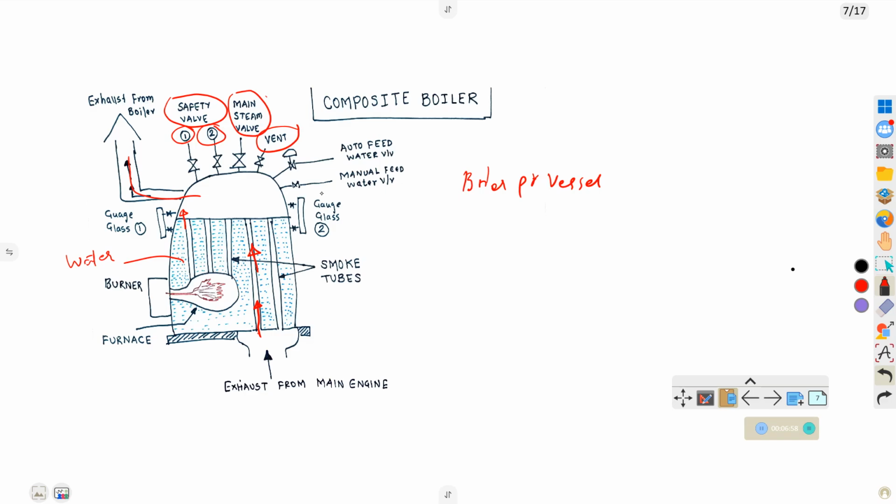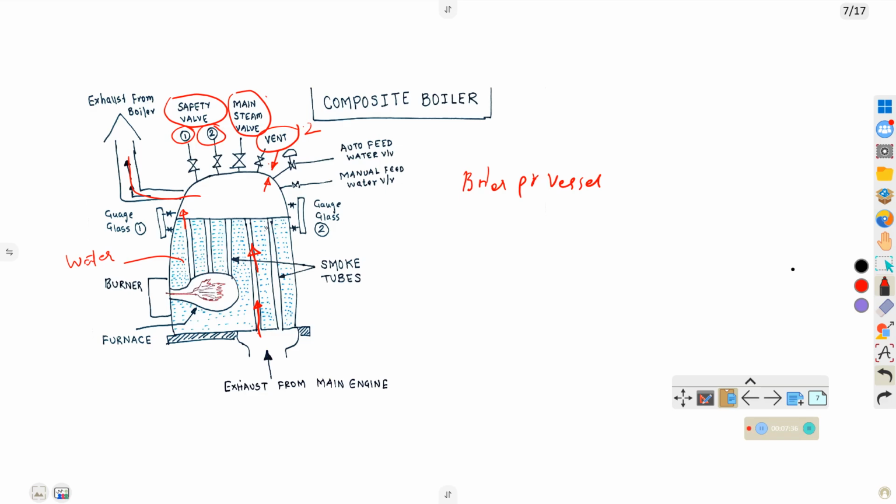The vent is used when the boiler is under maintenance. Initially we depressurize, and when the pressure comes down to around 2 bar, we open this vent so that the outside pressure and the inside pressure are equal. Only after that can we carry out the maintenance.